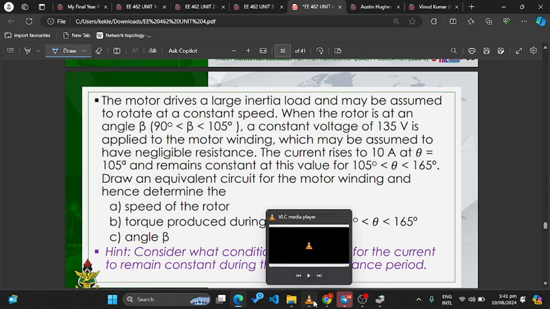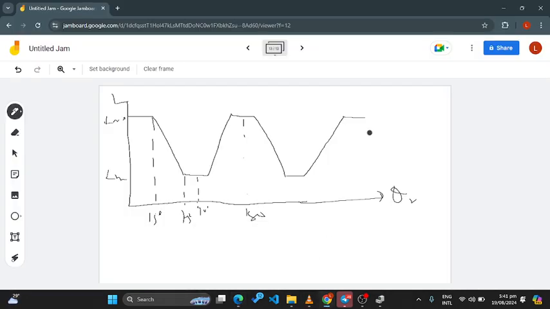Let me go and write down that condition. So a certain angle beta, which is between 90 and 105. Okay, so I have that. Right now I don't want to indicate where beta is.